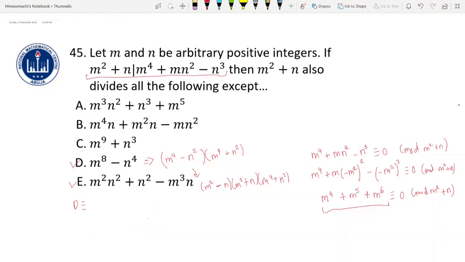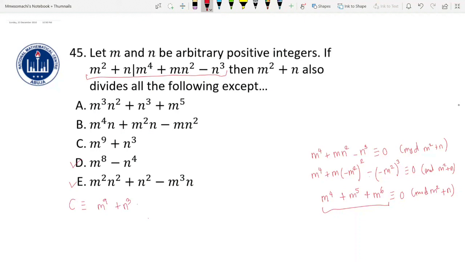So let's look at C. Okay. So for C, we have m to the ninth power plus n cubed.